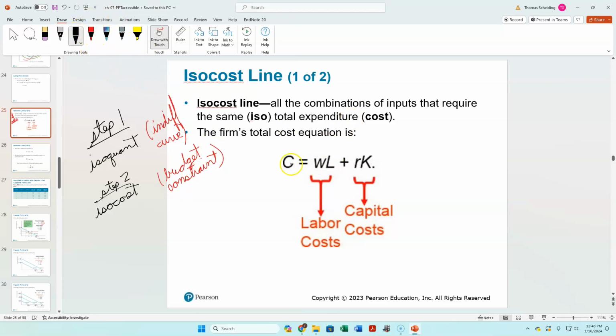And now what we're doing, our costs are simply equal to the wage rate times the number of workers plus the rental rate, which is in essence our price of capital, times the amount of capital.